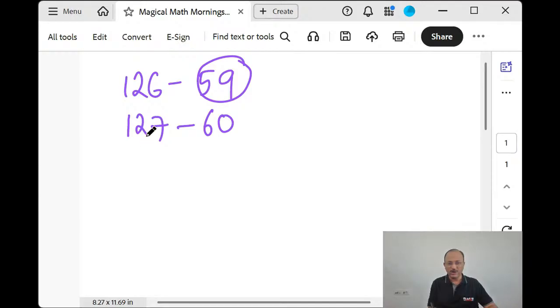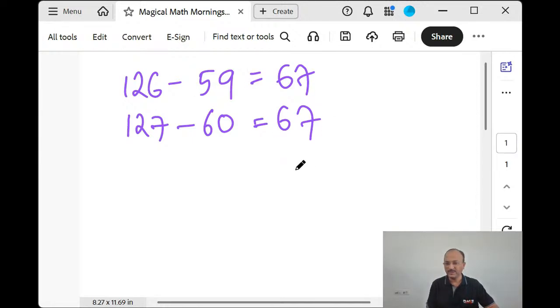But here also we have to add 1 because in subtraction, when you do the same change with minuend and subtrahend, the total value will not change. Correct? 127 minus 60 is very easy. That is 67. You check it out. This is 67 or not. This is the method we used for doing addition, correct? But here we are using the same thing for doing subtraction.